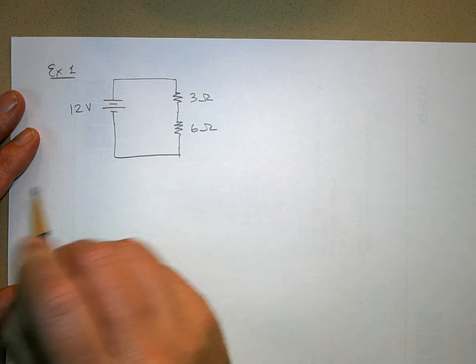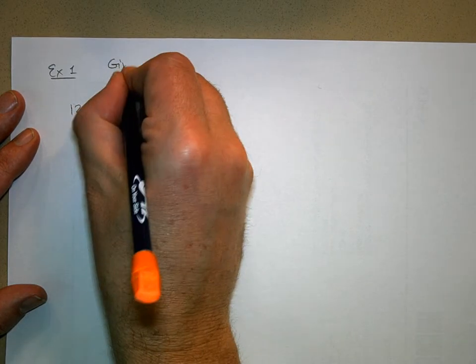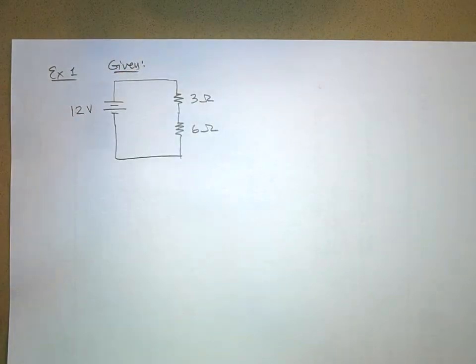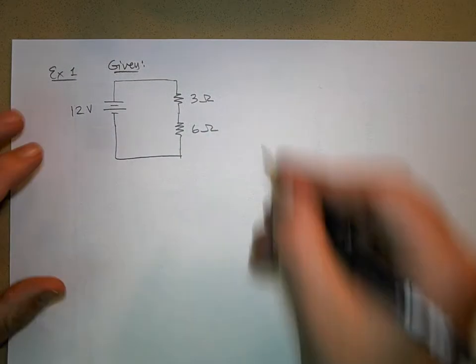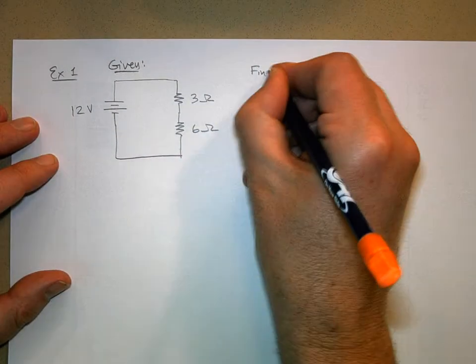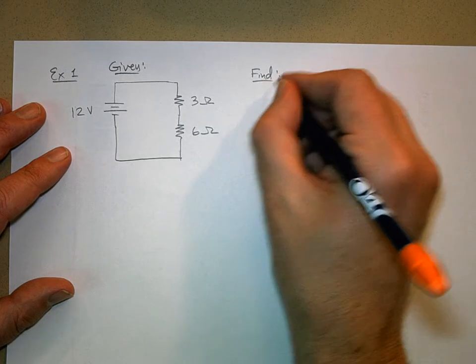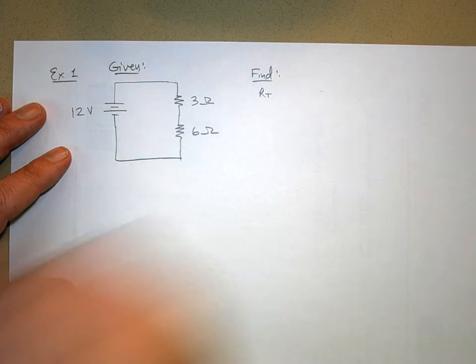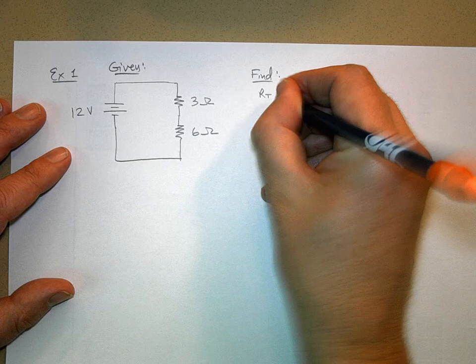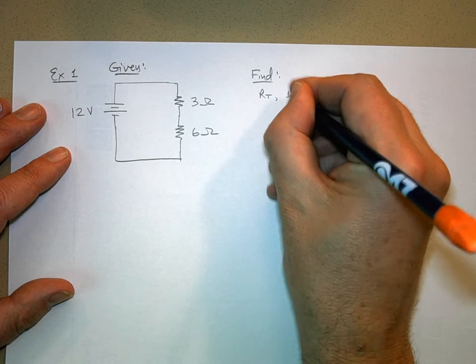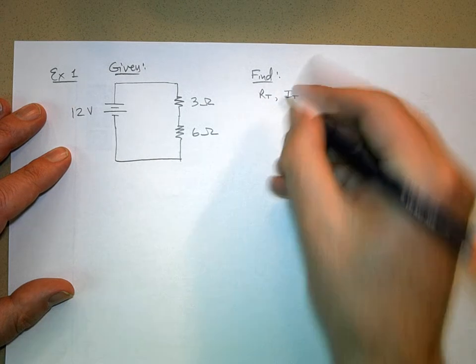So this is what's given. What is the total resistance? What is the total current? What is V1?